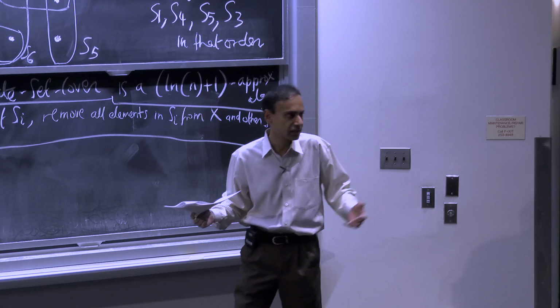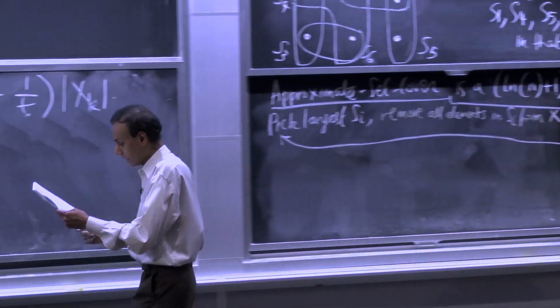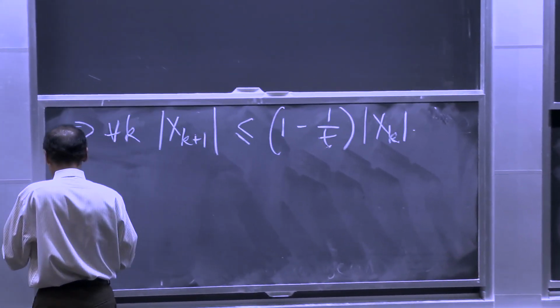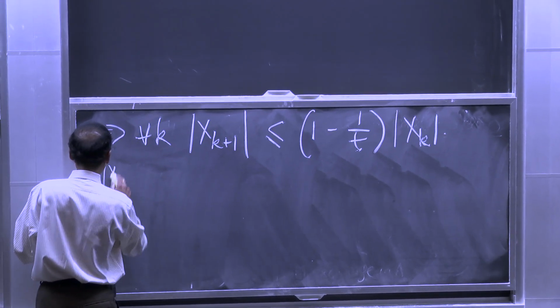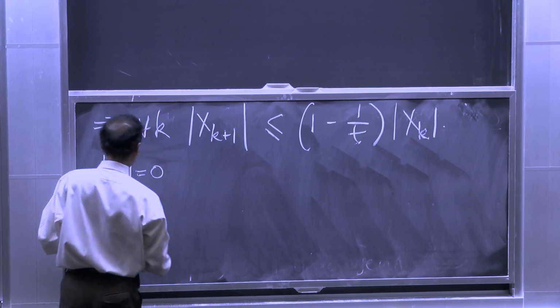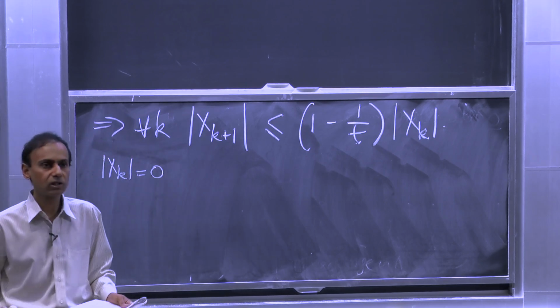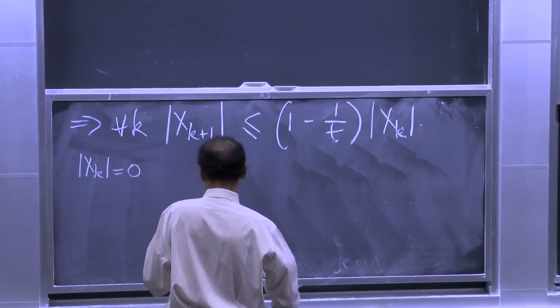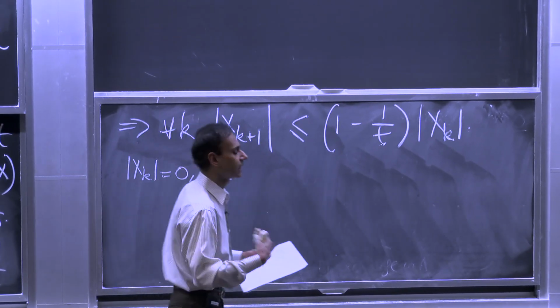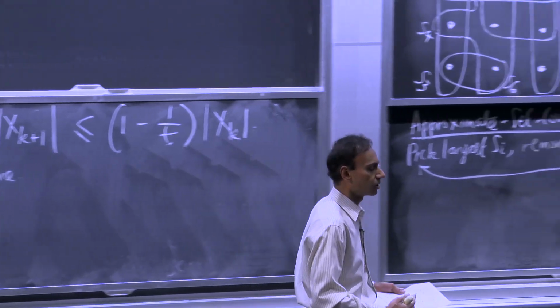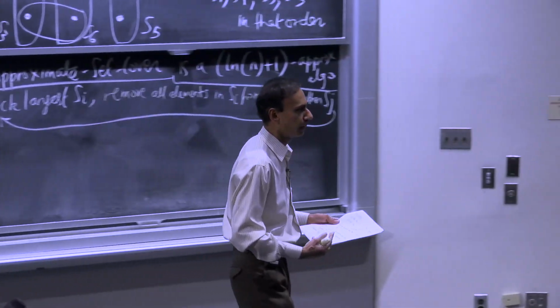So when one of these things gets down to xk equals 0, right? When xk equals 0, I'm done. I'm constantly taking stuff away. When xk equals 0, I'm going to be done, okay?